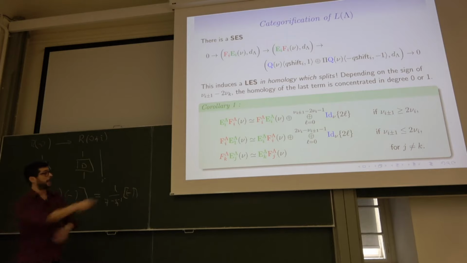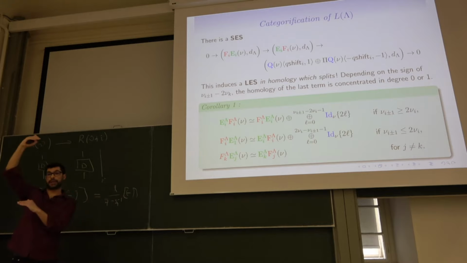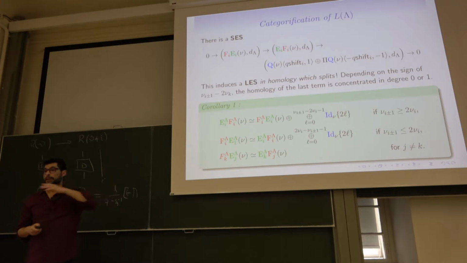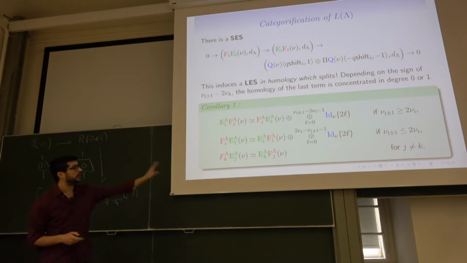If you have the minus sign, you'll get a different formula because the guy on the right is concentrated in a different degree. And this is Kashiwara and Webster's two commutators. So it comes out naturally from this. In our point of view, it's easier to do this than to do what Kashiwara and Kang did. Once you have the long exact sequence, well, now they come from the same place, as it should.